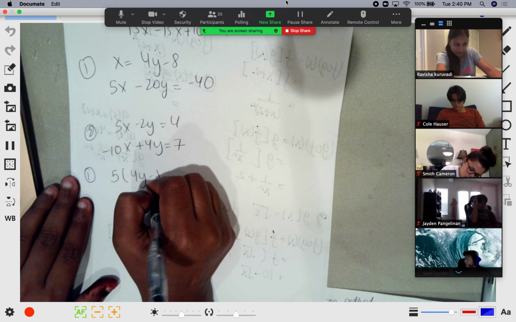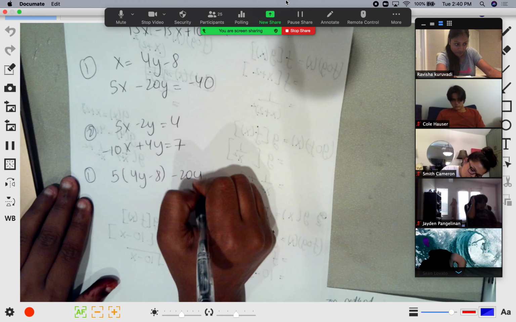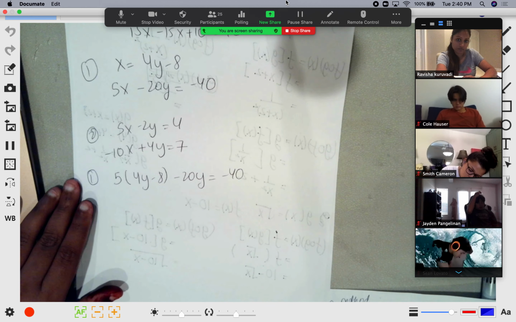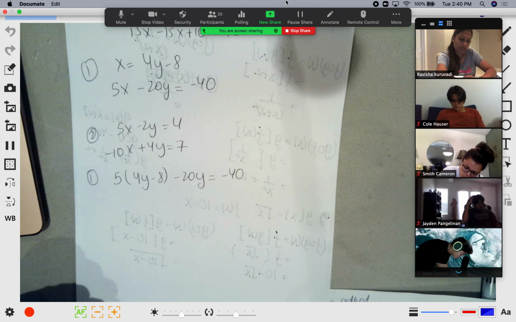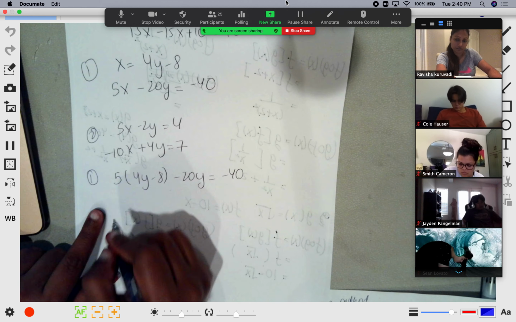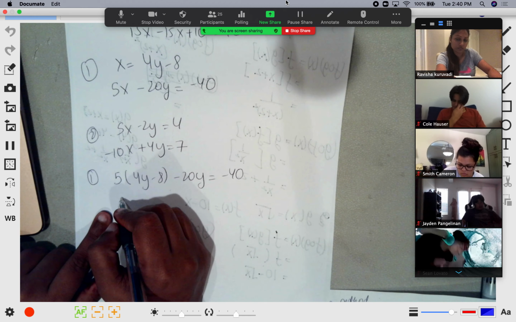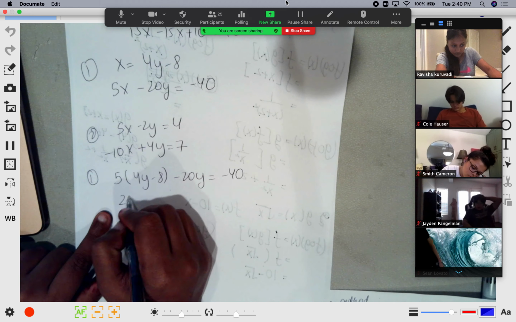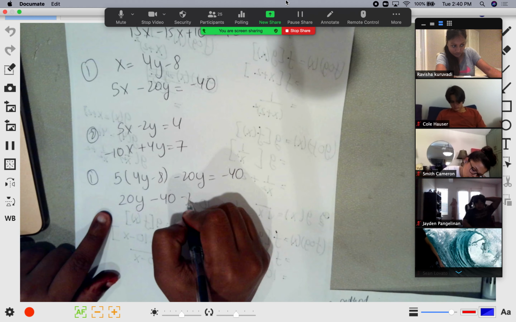So 5 times (4y minus 8) minus 20y equals negative 40. Correct. And then I did distributive property, so 20y minus 40 minus 20y equals negative 40.